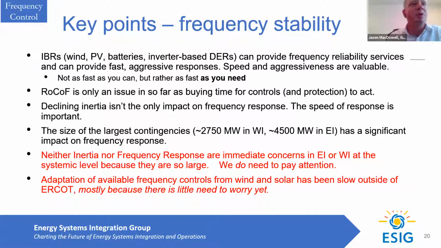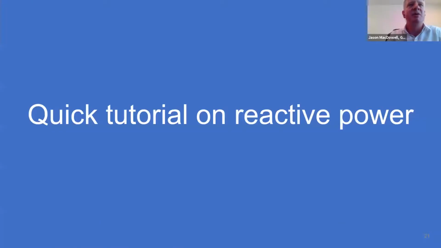They just need to be deployed on the grid to be able to respond in a way that is conducive to bringing the frequency back. So neither inertia or frequency response are immediate concerns. We need to pay attention, but adaptation of those controls has been slow because most of the time it's not an issue yet. We need to make sure we deploy those capabilities going forward.